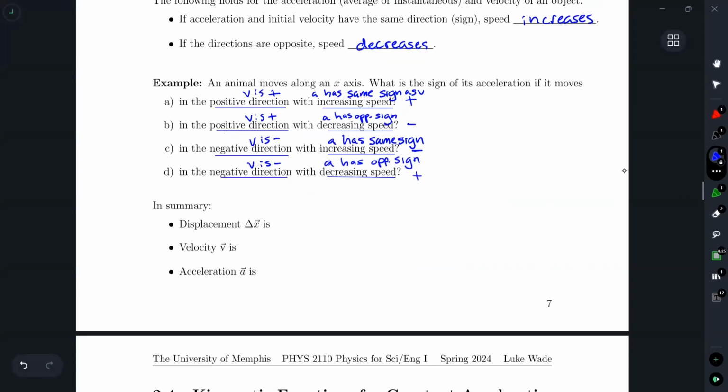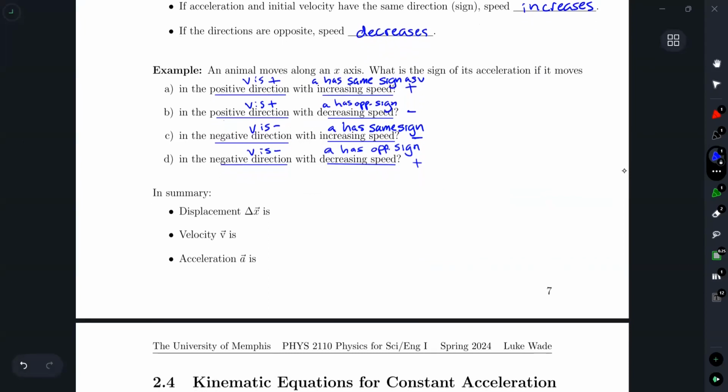Okay, so quick recap. Displacement is where you're moving. It doesn't care about how you got there. It just cares that you were at point A, now you're at point B, how far is point B from point A, and in what direction.